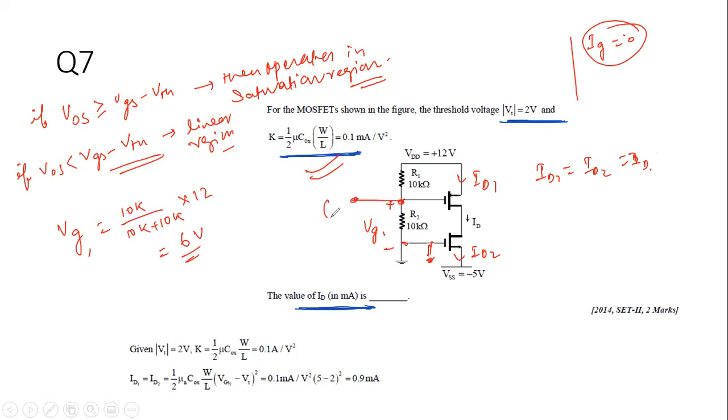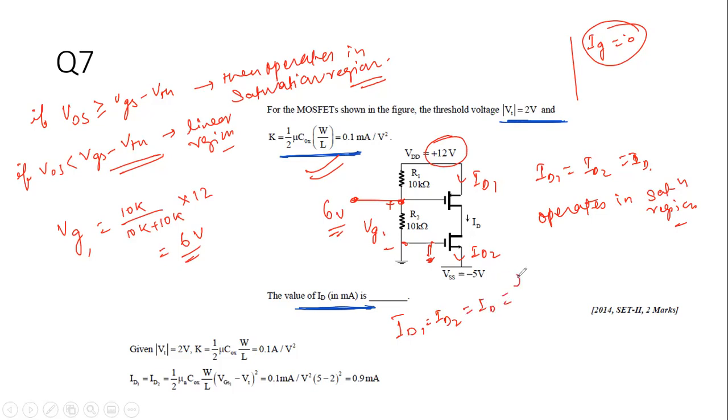So this potential is 6 volt, and for the entire this one, it is 12 volt. So 12 is greater than 6, which means it operates in saturation region, and ID1 equals ID2 equals ID.